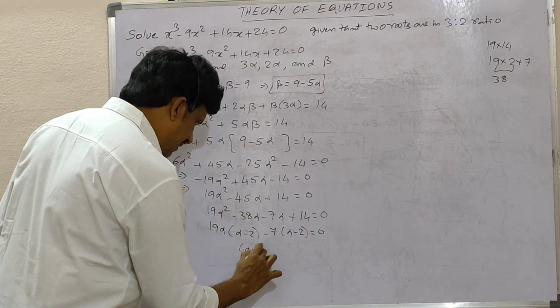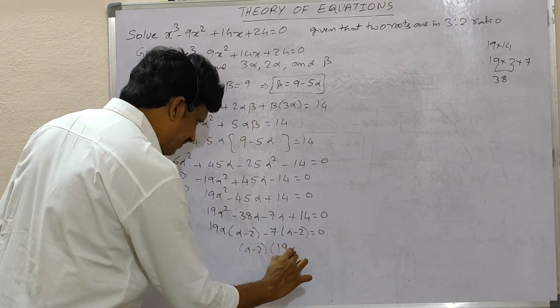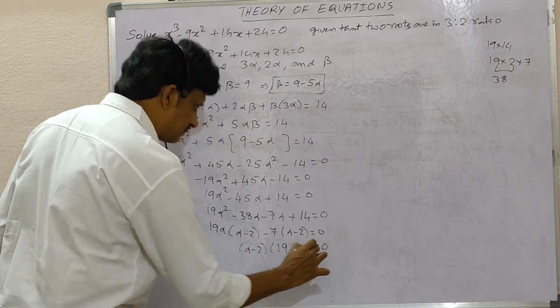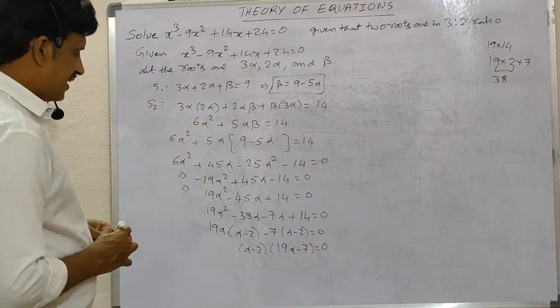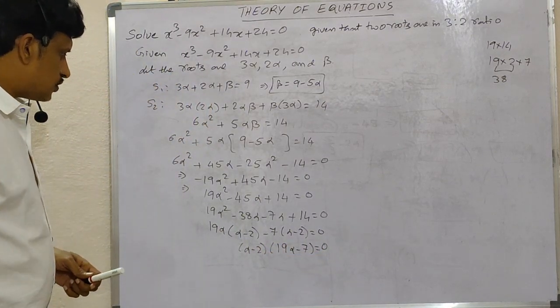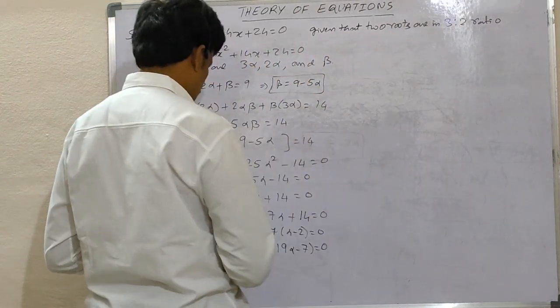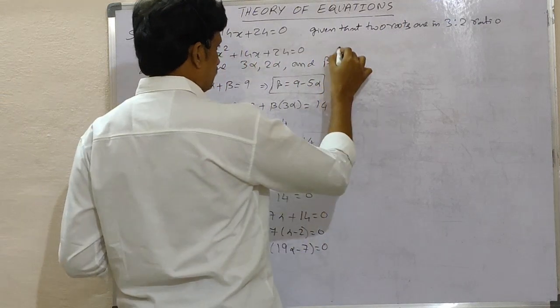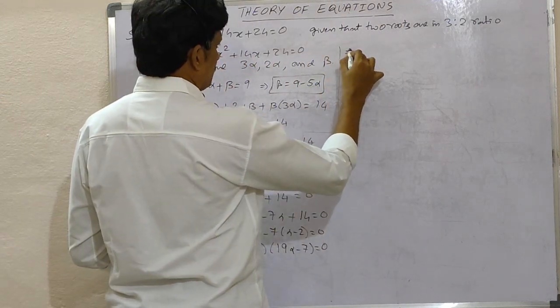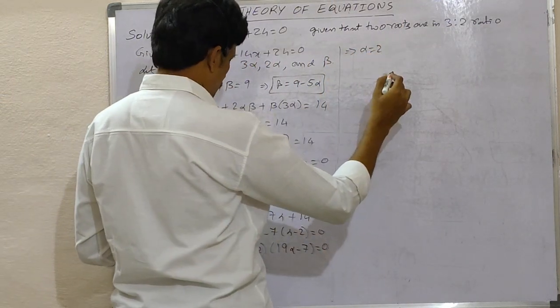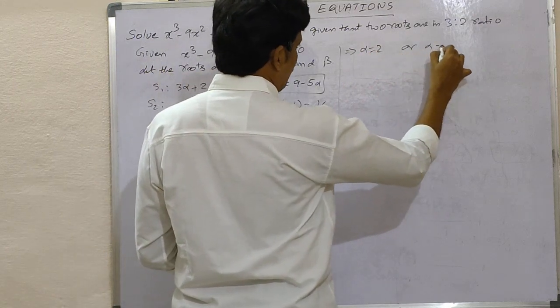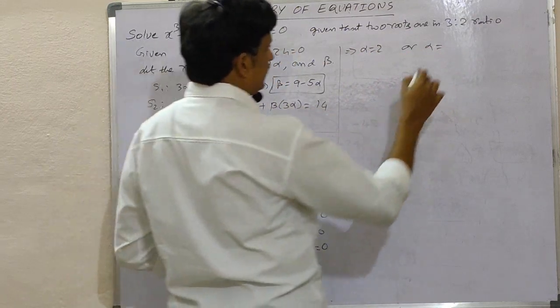So that is alpha minus 2 into 19 alpha minus 7 is 0, giving two values for alpha: alpha is equal to 2 or alpha is equal to 7 by 19.